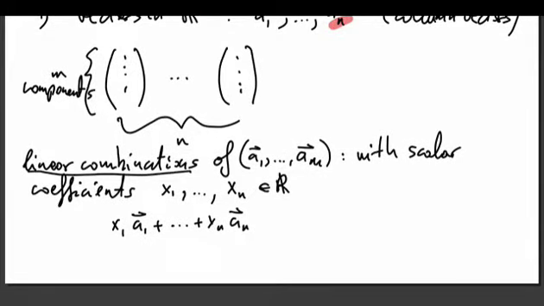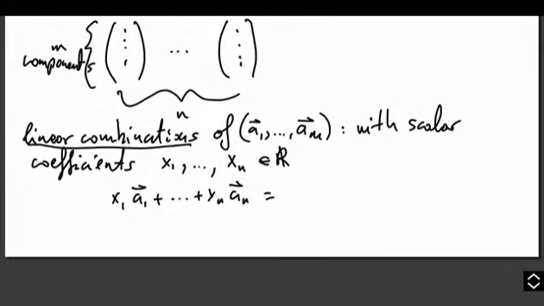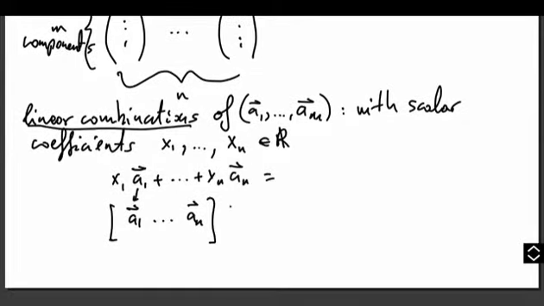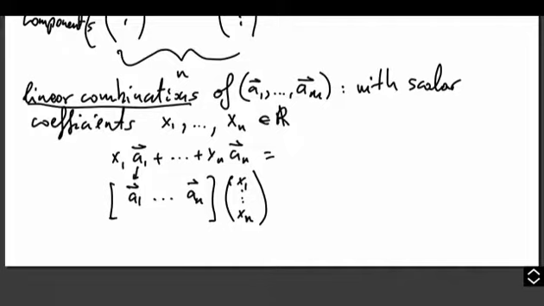this has an equivalent formulation. We can collect together the column vectors into a matrix and then these x scalars into a column vector. According to the rules of multiplying the matrix and the vector, this is the same.